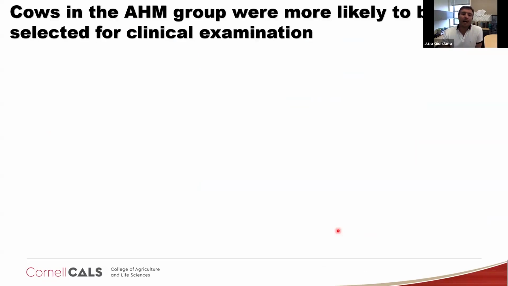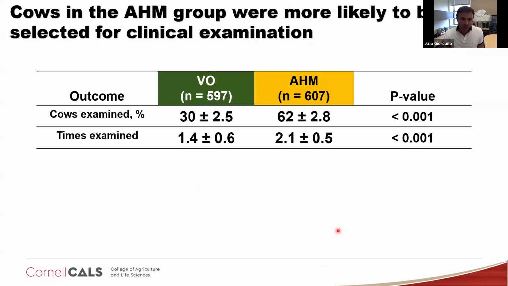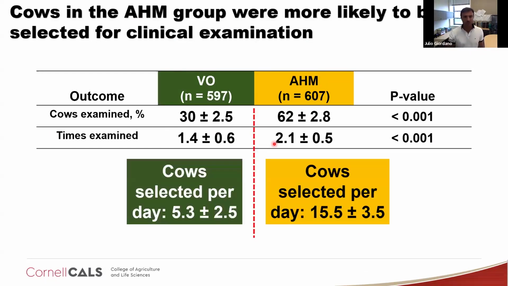So briefly, I have to tell you the key findings from the study, and the take-home message is, well, if you use automation in the way that we used it, you are going to look at more cows. You're going to run more clinical exams, and on average, cows are going to be examined more times based on automation.